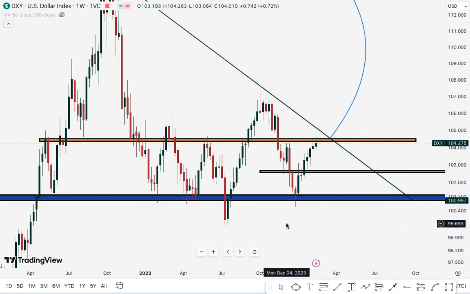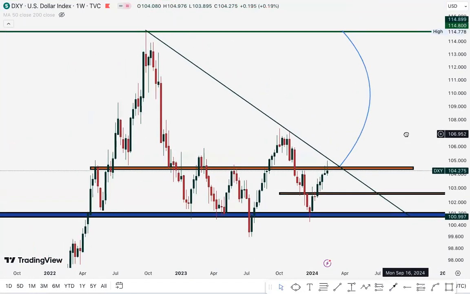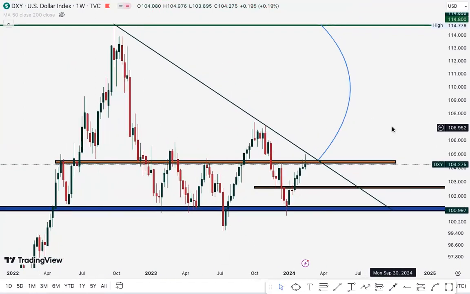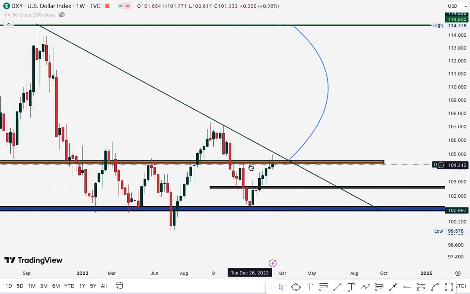All right. So one thing that you must understand when you're into trading is that anything can happen at any time. Okay, so it is your risk management and then your edge that keeps you in the game long enough to become profitable. All right. So this is exactly what I feel that the dollar index might want to do, because now we have hit a resistance level, and not just a resistance level, a Fibonacci level, and also a trend line level.